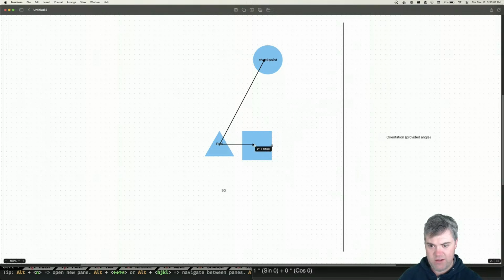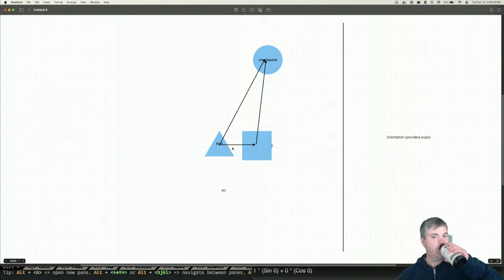I need to figure out this position, then I can figure out that, and then I can get this angle here. That's what I'm going for.